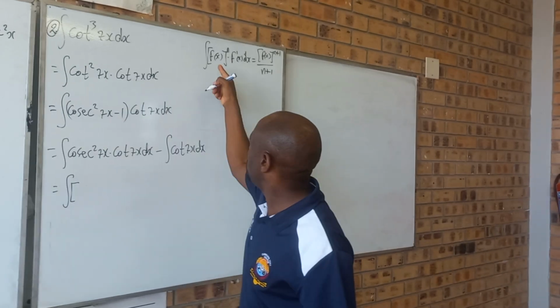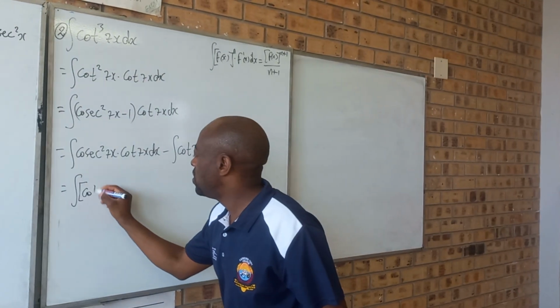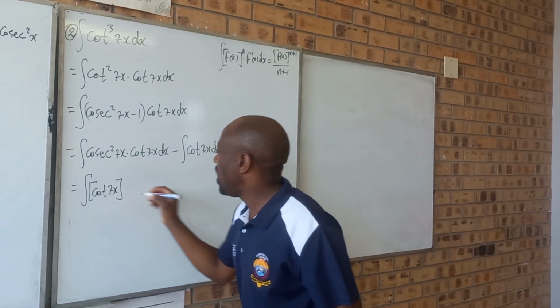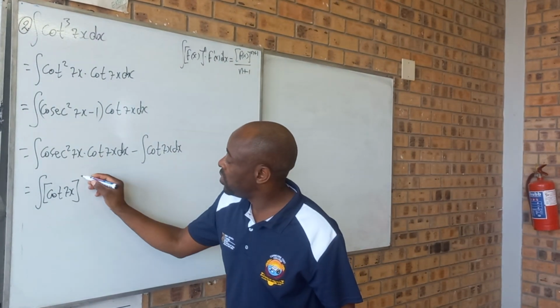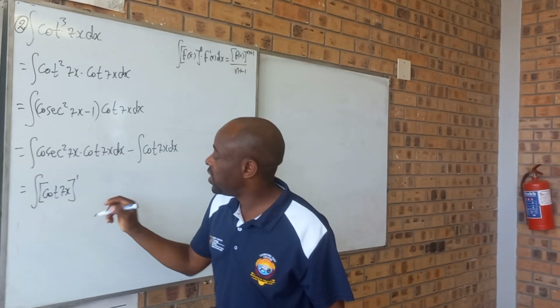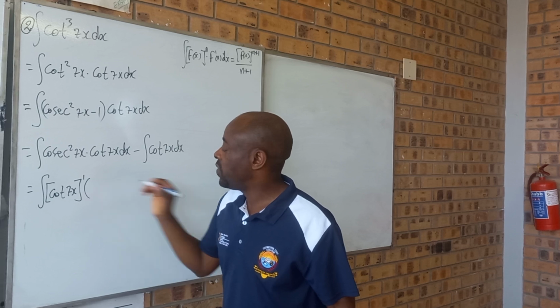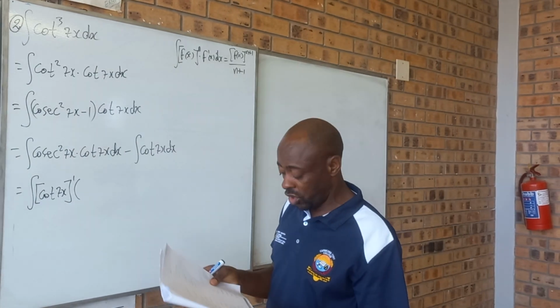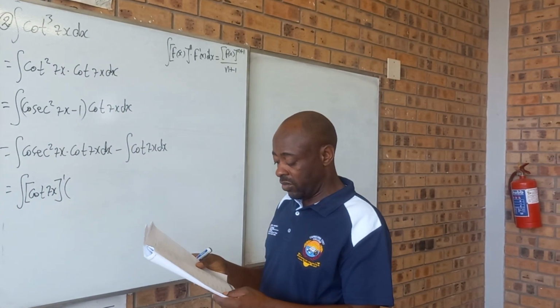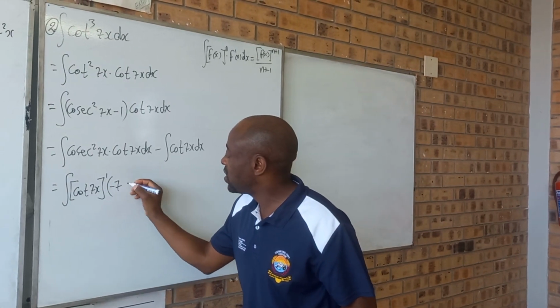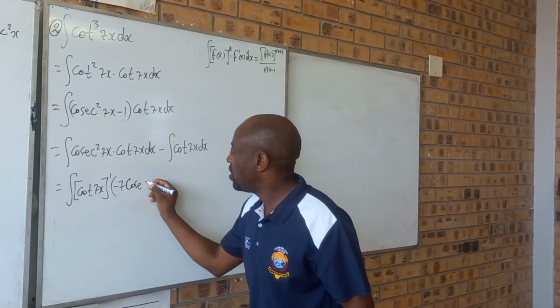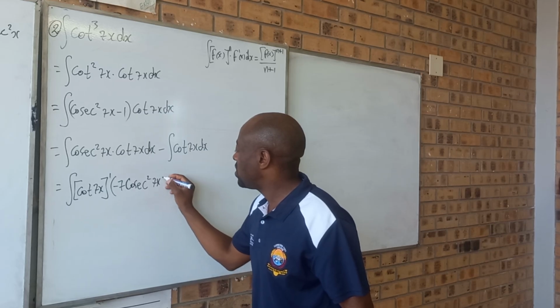I'm putting my cot 7x. Then my n will be the power of cot in the original problem, which is 1. Then I differentiate cot 7x. When I differentiate cot 7x, in case you are not sure, you just look at your formula sheet, page 2, the derivative will be negative 7 cosec squared 7x then dx.